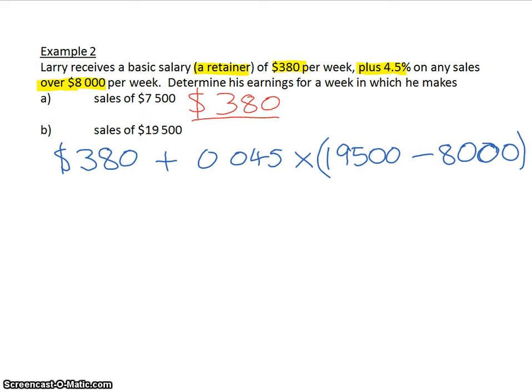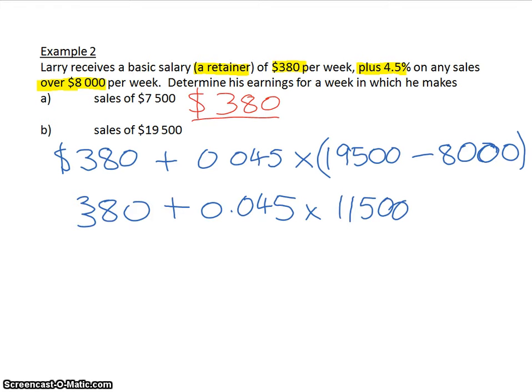But in this case, he's had a good week, so he's got his 380 plus 0.045, Mr. Viger, times our amount over $8,000, which leaves us with his total amount of $897.50.